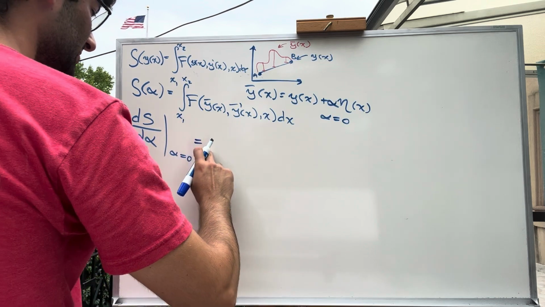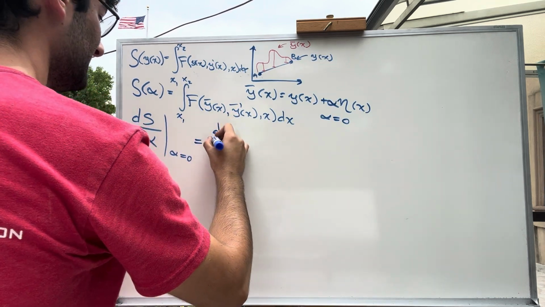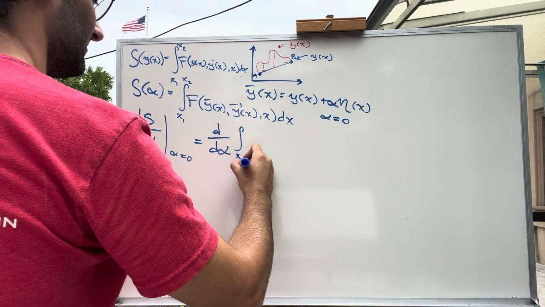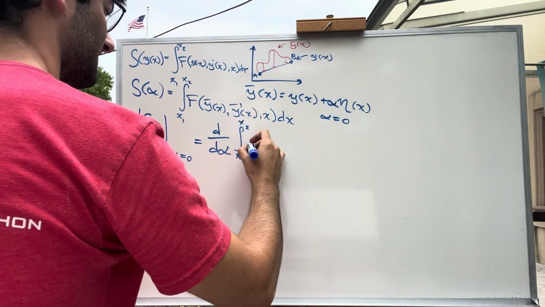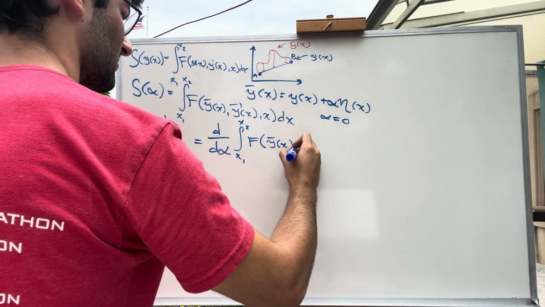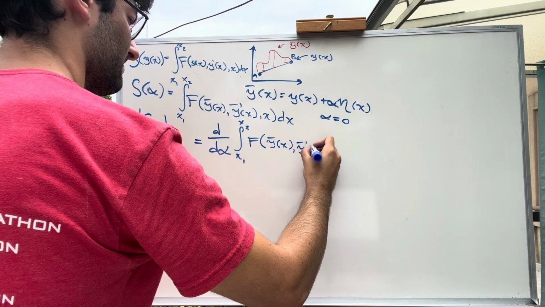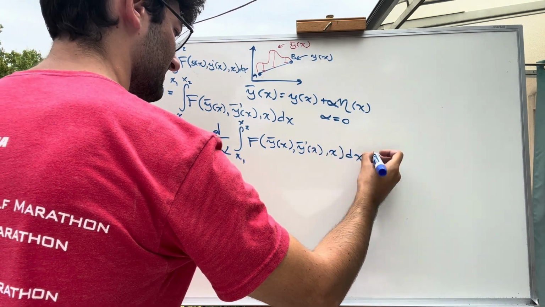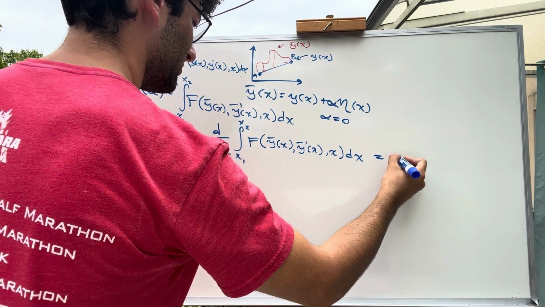And when we do so, we get d d alpha of the integral x1 to x2 of this function, which we set equal to 0.